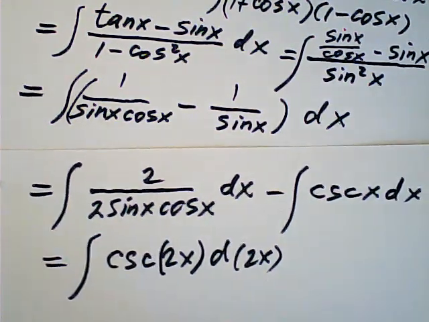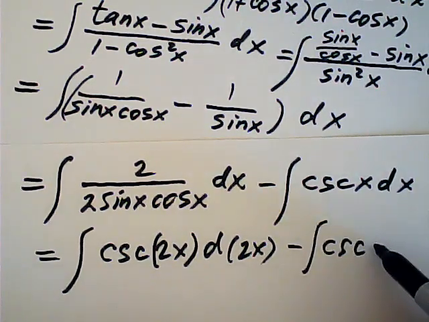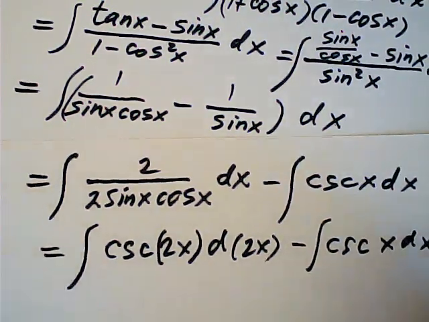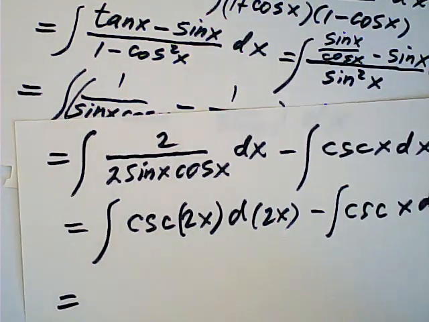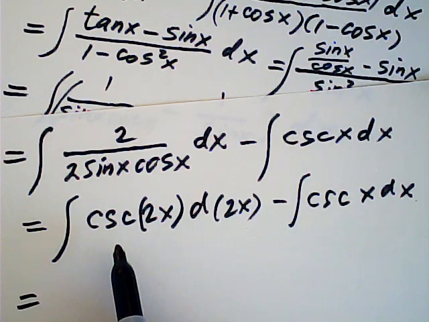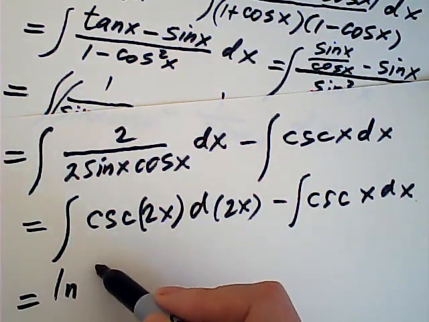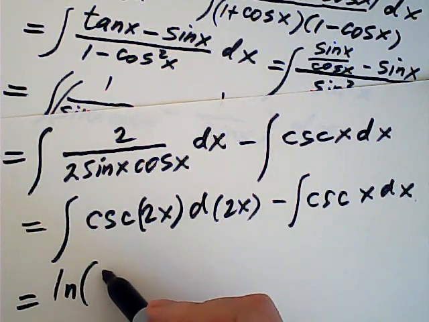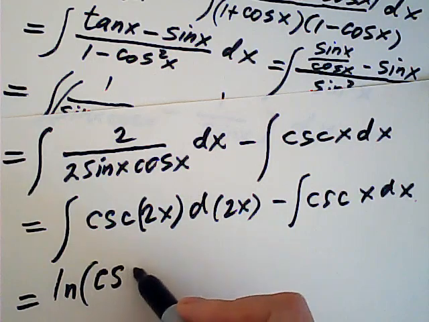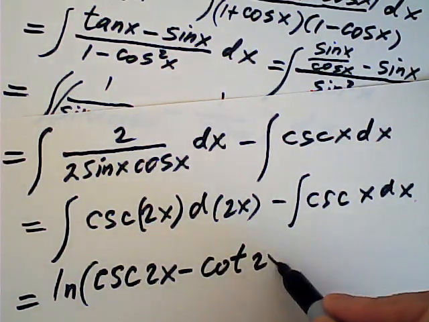This will be cosecant 2x minus cosecant x dx. And this one will be natural log of cosecant 2x minus cotangent 2x.